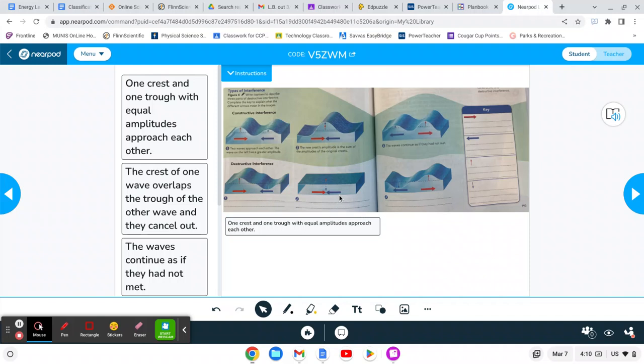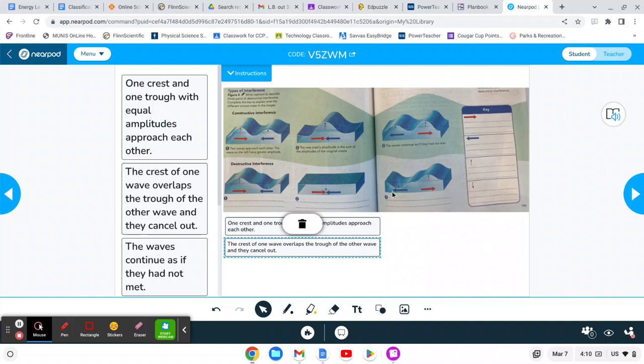They've approached each other, and in the middle, the crest of one wave is overlapping the trough of the other wave, and they cancel out and create this calm water. It might have some ripples in it, but it really doesn't look like a whole lot is happening here. So that is the second box that you're dragging. This looks almost like the resting point.